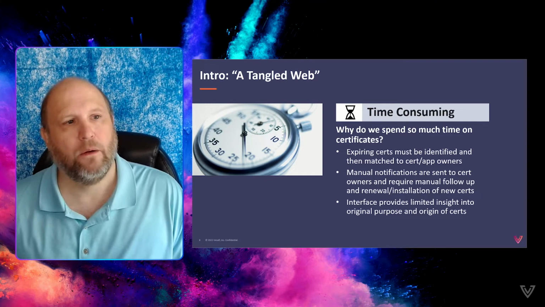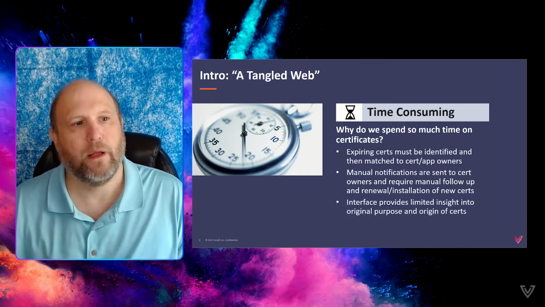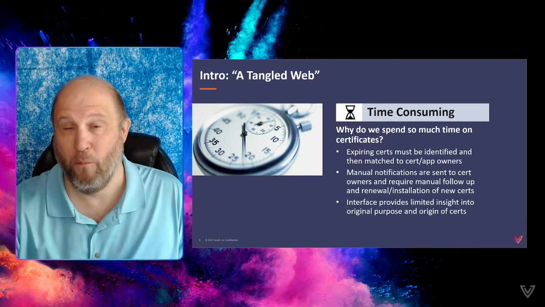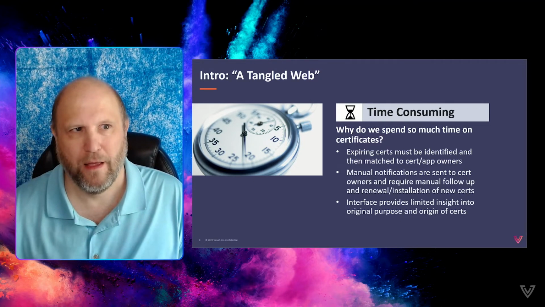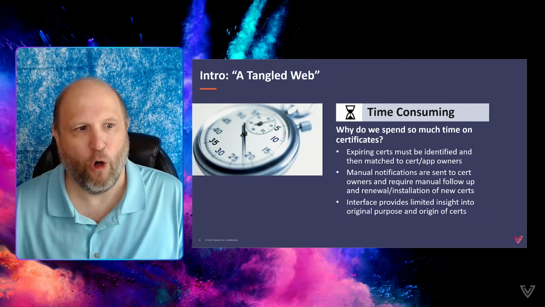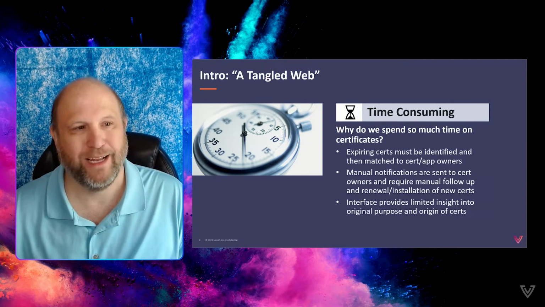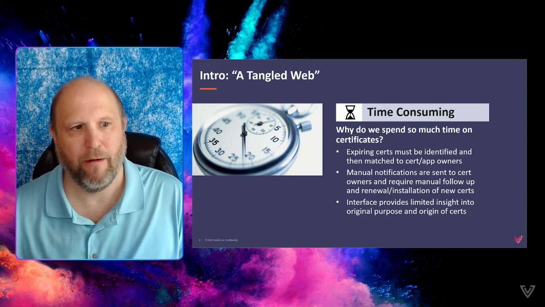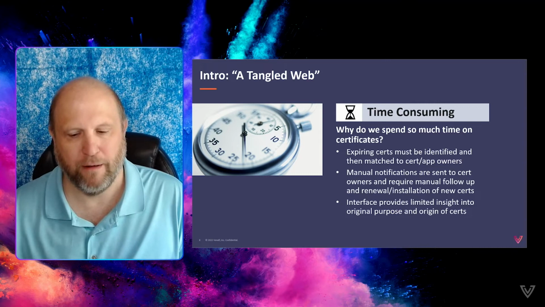In addition to that, we had different certificate authorities in our environment. And if you used any more than one certificate authority, you found that they all have their own different interface. That differences in interface is also time consuming. If I have 4 different CAs, they all have 4 different interfaces. Their interactions for the user are 4 different interactions.